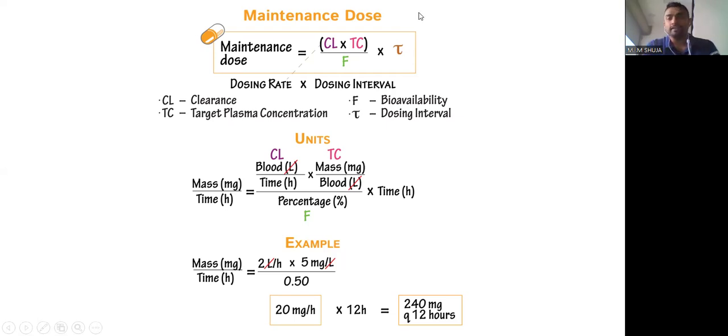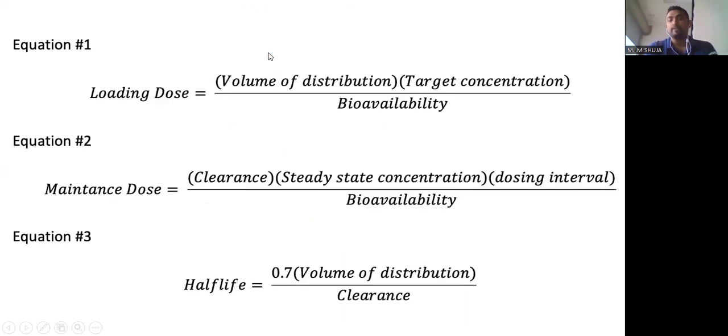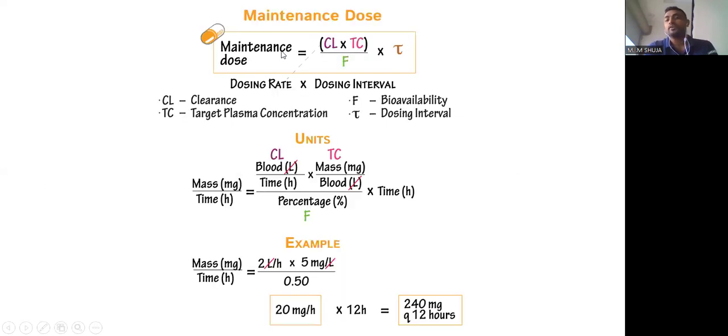So imagine this is clearance. If a drug's clearance is very high, it's cleared from the system very quickly. You have to give too much maintenance dose. You have to increase the maintenance dose. So how do you increase the maintenance dose? Either you can increase the dosing interval.